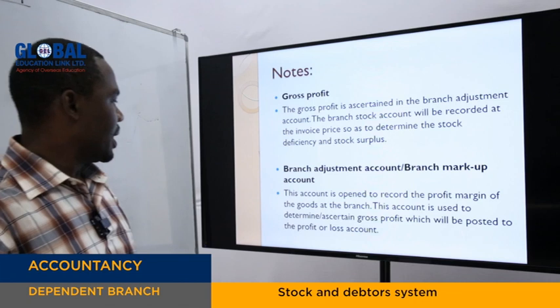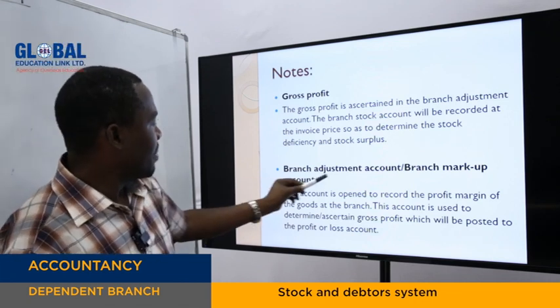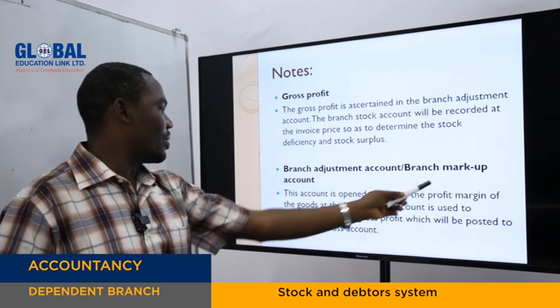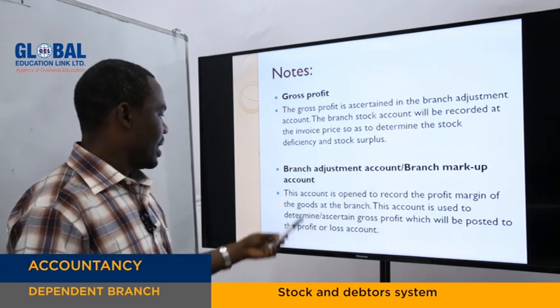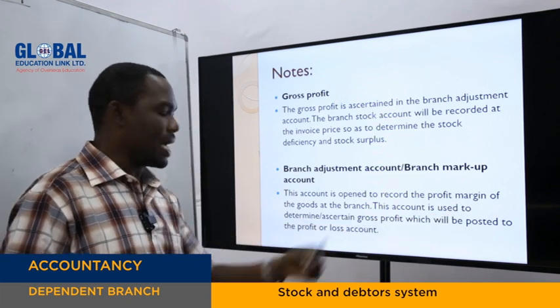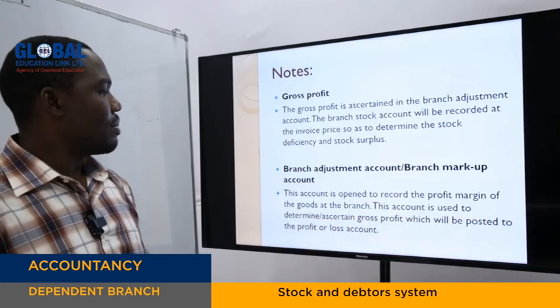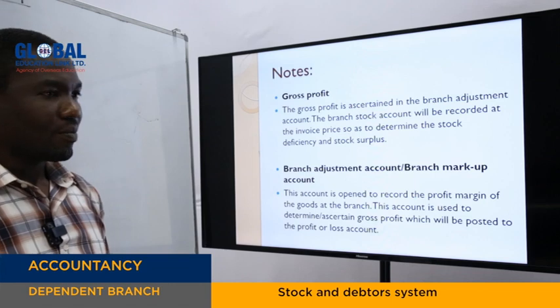How is this ruled? The branch adjustment account, or branch markup account, is opened to record the profit margin of the goods at the branch. So this is basically only for keeping records of the profit margin, the profit loaded by the head office to the branch.